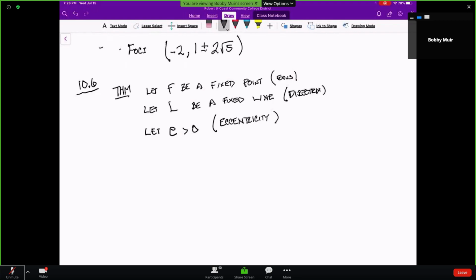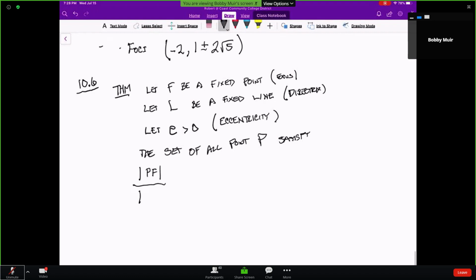Now what the result says is the set of all points P in the plane that satisfy the distance from P to F divided by the distance from P to L equals E is a conic section.